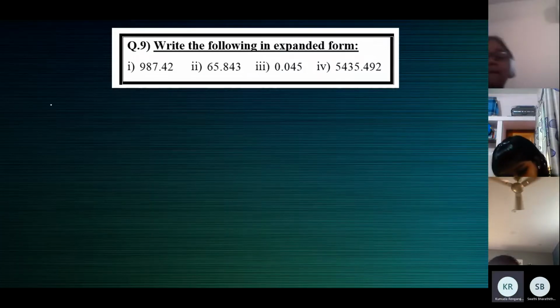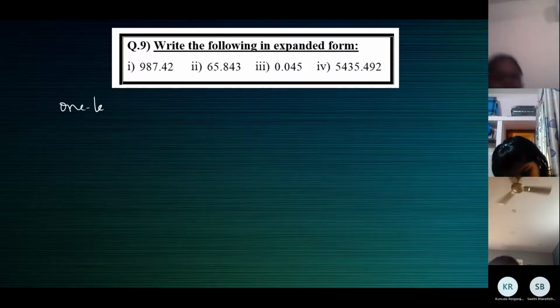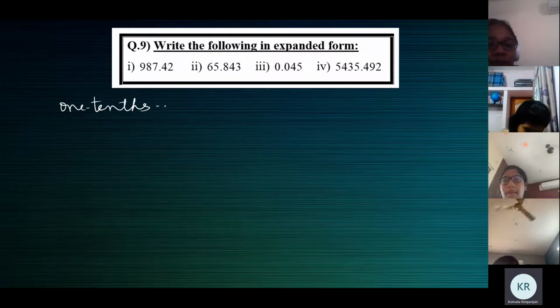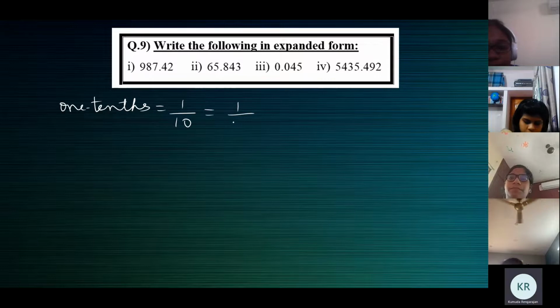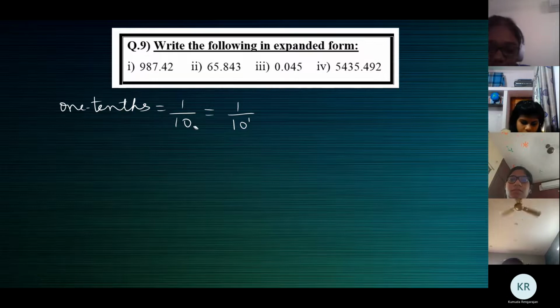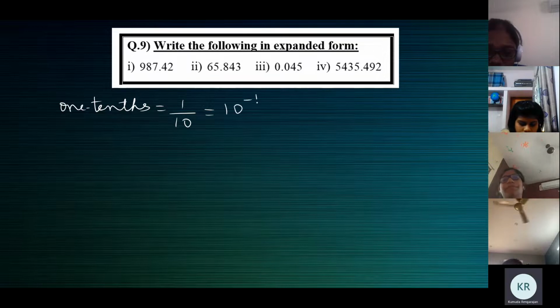So after the decimal point, we have 1/10, which is 1 by 10 or 1 by 10 to the power 1, or 10 to the power minus 1.